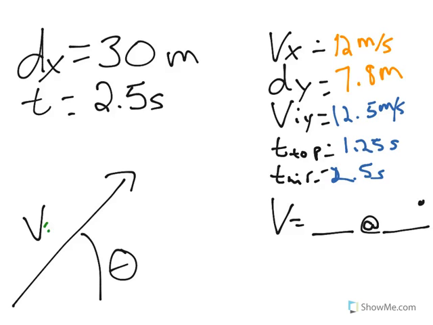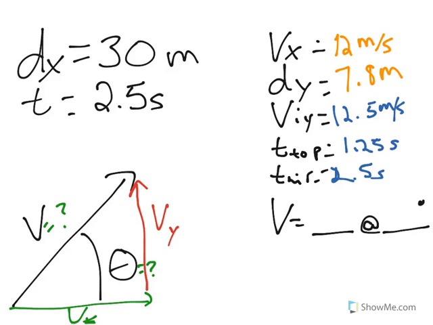So I'm looking for this right here and this angle. How do I find these two things? Well, if you'll remember, we have a component here and a component here. This is our velocity in the y, this is our velocity in the x. Let's just pretend that we have a velocity in the y and a velocity in the x.